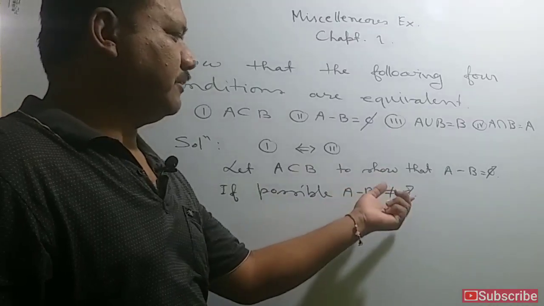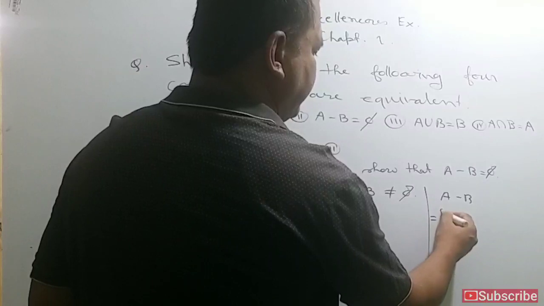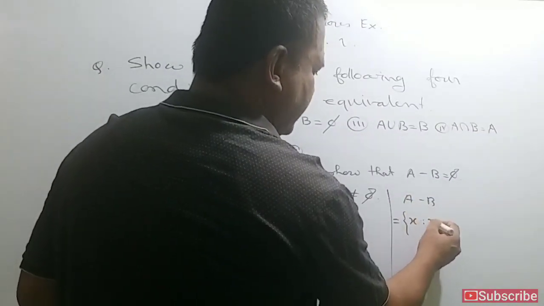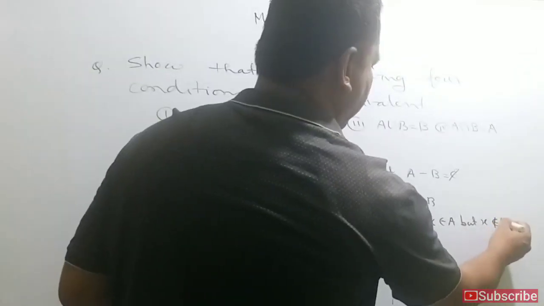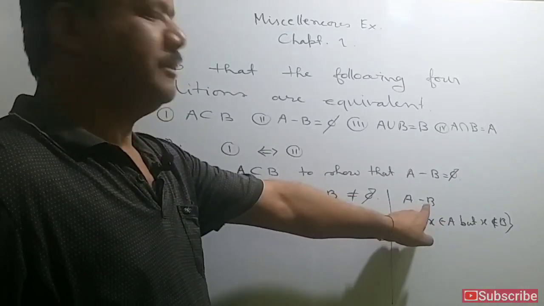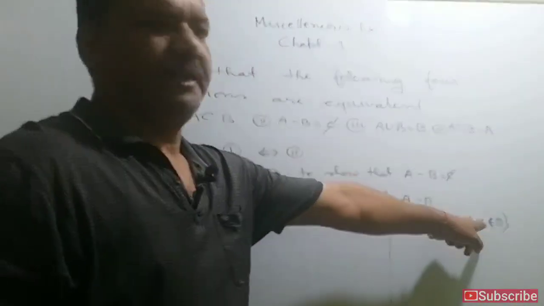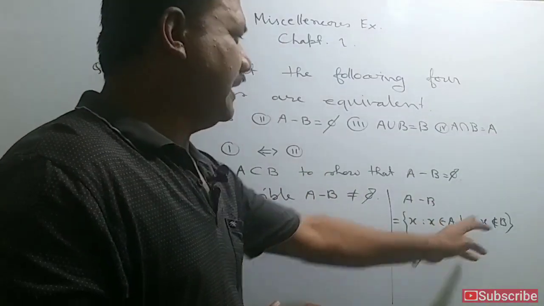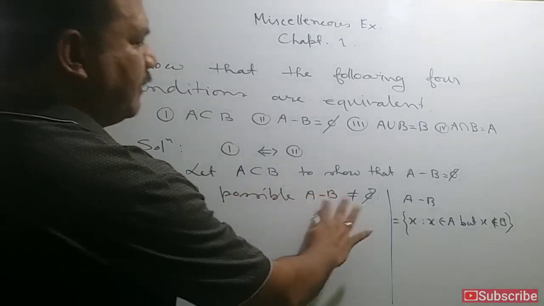A minus B not equal to phi means, what was the definition of difference of two sets? Here, if there is any element in this set, suppose X, then X must be in A but not in B. Got it? If A minus B contains any element, then that element must be in A, not in B, right? Suppose there is no such element which is in A, not in B, then this will be phi, right? Here A minus B not equal to phi.